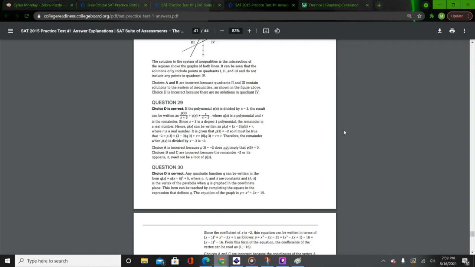Since x minus 3 is a degree 1 polynomial, which means it's x to the first power, the remainder is a real number. Hence, p of x can be written as p of x is equal to x minus 3 times q of x plus r, where r is a real number. It is given that p of 3 is equal to -2, so it must be true that -2 is equal to p of 3. Oh yeah, that makes sense. Choice A is incorrect.